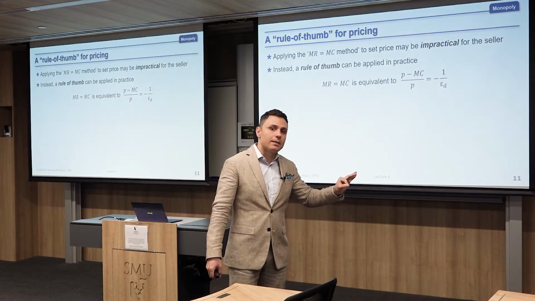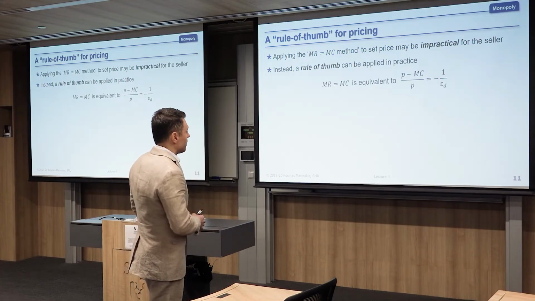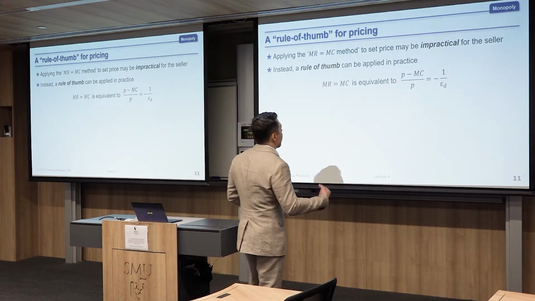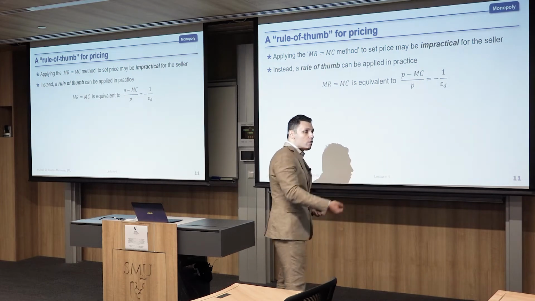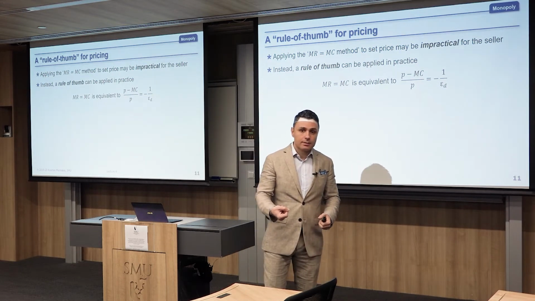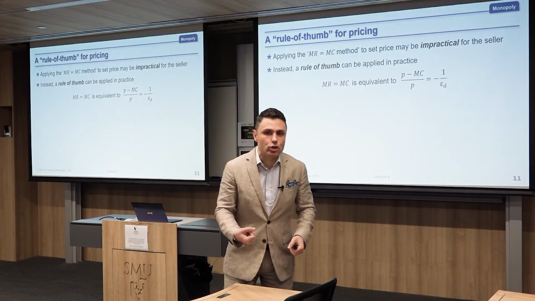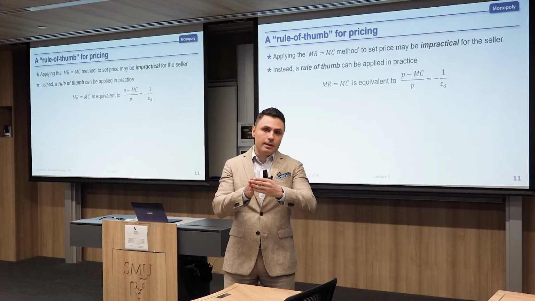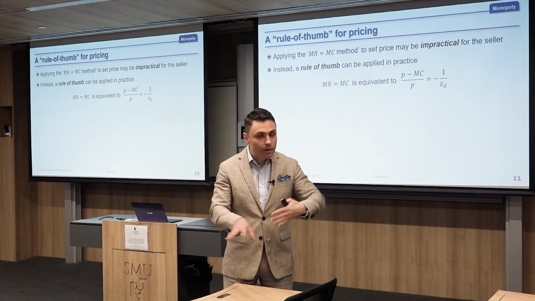But before you understand that it's simple, you have to figure out what it is. So what is price minus cost over the price? Okay, do you remember when we had in the elasticity calculation something minus something else over the first something? This was what?